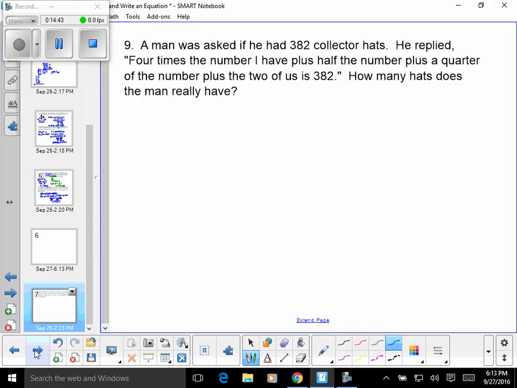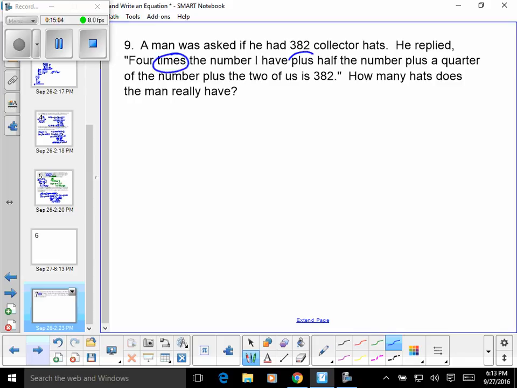Our last problem. A man was asked if he had 382 collector hats. He replied, 4 times the number I have, plus half the number, plus a quarter of the number, plus the 2 of us is 382. Look at all your clue words.